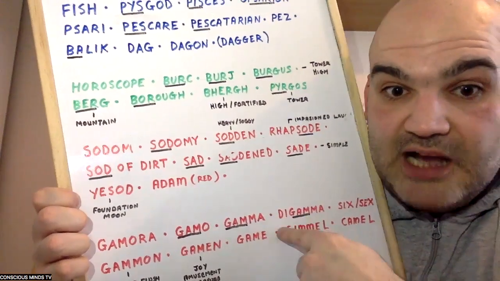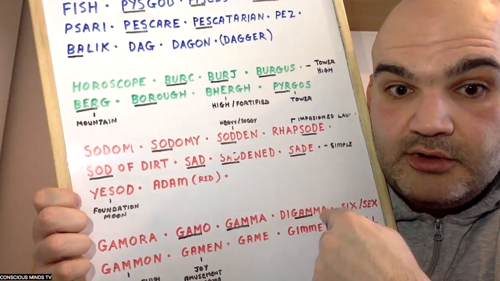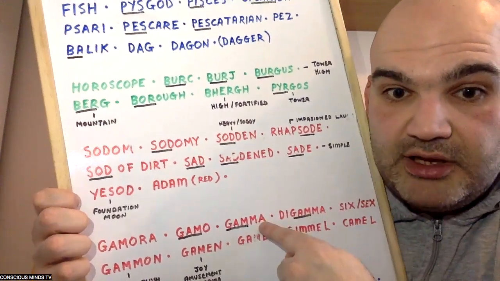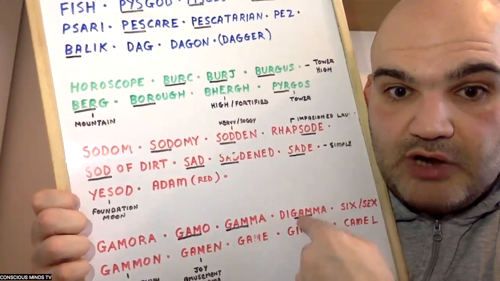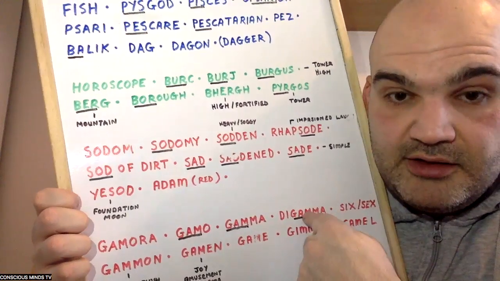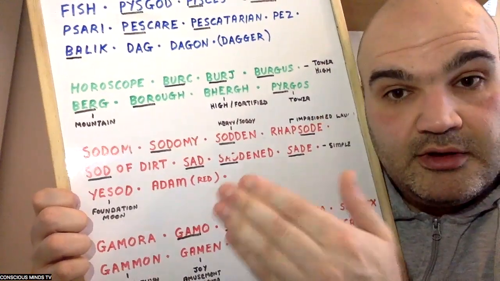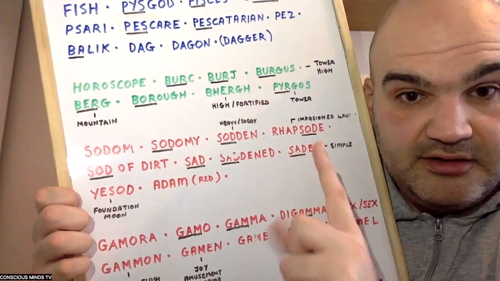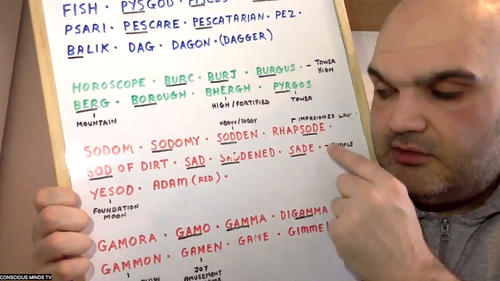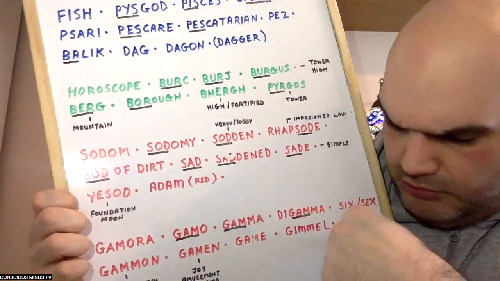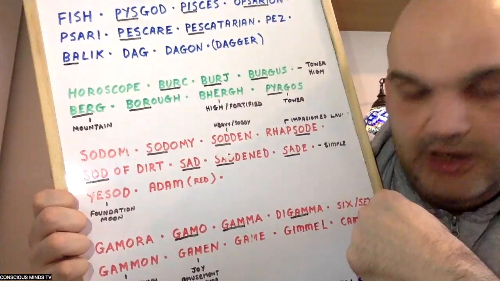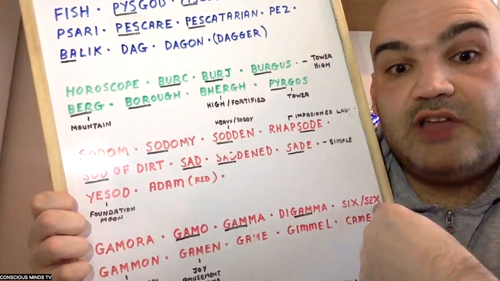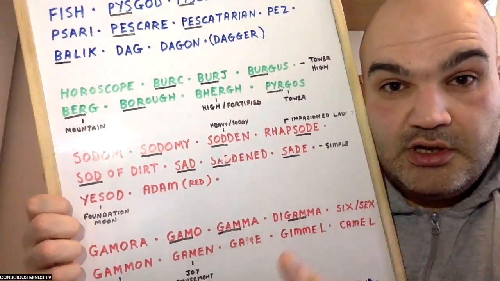So digama means twice 3, because if gamma is 3, digama means 2 times 3, which is 6. And the number 6 is synonymous with the word sex, and 6 is basically the same word as I've put here, because I and E are interchangeable. So 6 and sex are pretty much the same word.